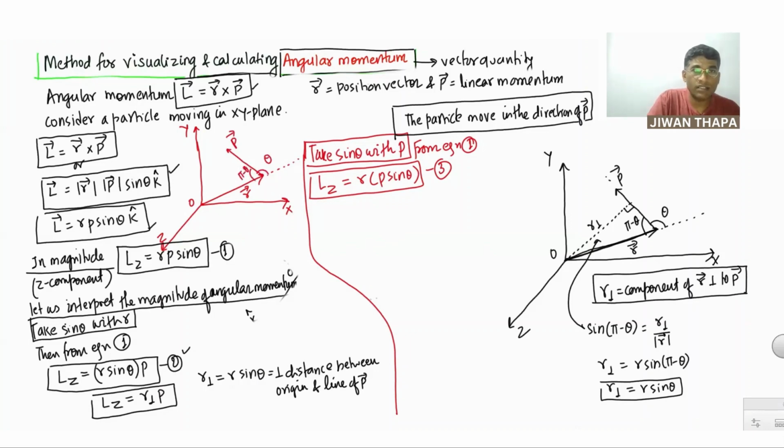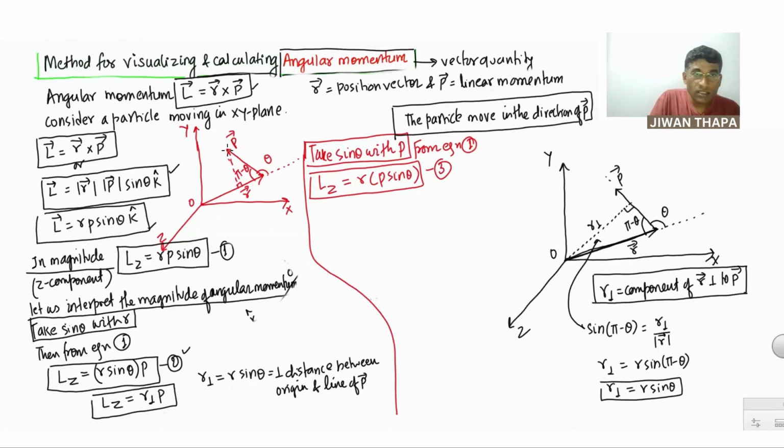Now let us drop a perpendicular from the head of linear momentum to the position vector.